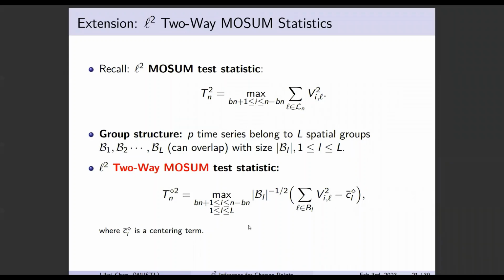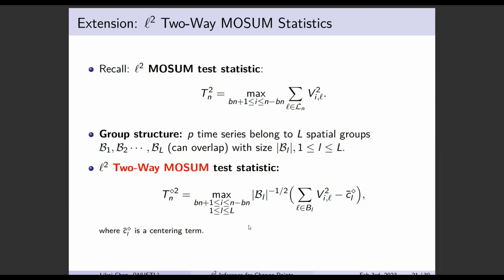Because of this cluster, this group structure, we want to modify our statistic based on some subsamples. That is to say, previously we aggregated all the information over all the locations. Here, we probably want to aggregate information only within certain subsets.